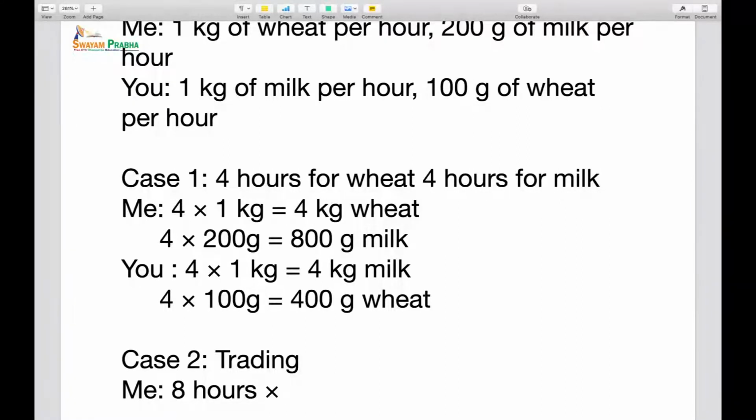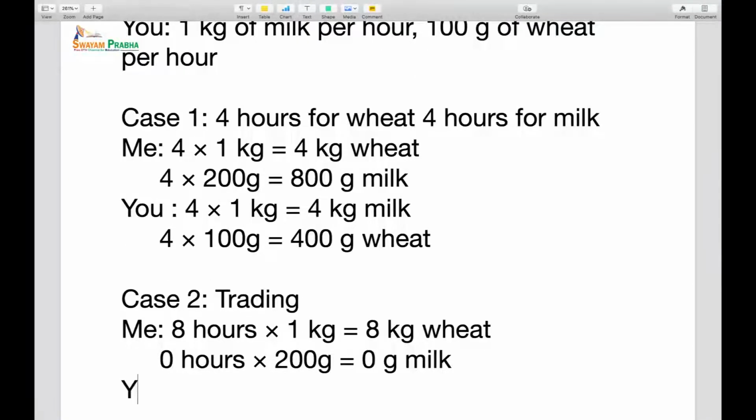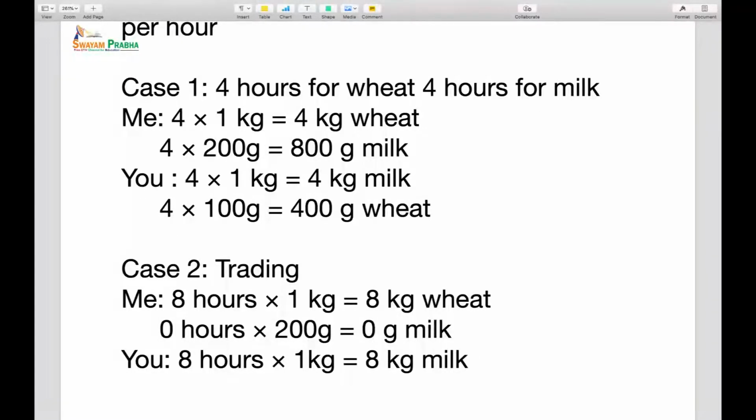So I have 8 hours into 1 kg, which is 8 kg of wheat, and I spend 0 hours for milk, which gives me 0 grams of milk. In your case, you are using 8 hours to make milk. So you get 1 kg of milk per hour. So you have 8 kg of milk, and you spend 0 hours to make wheat, and in this case you have 0 grams of wheat.